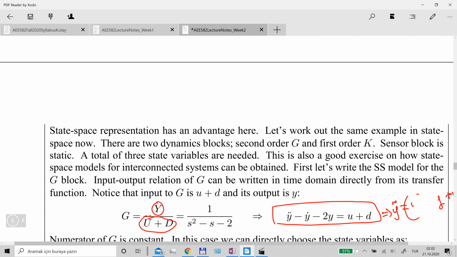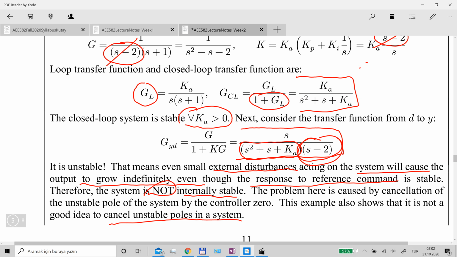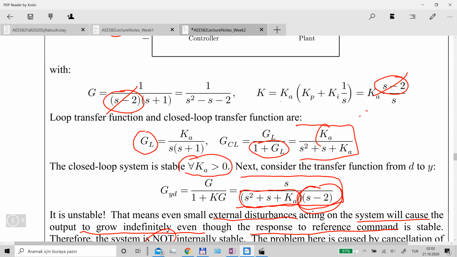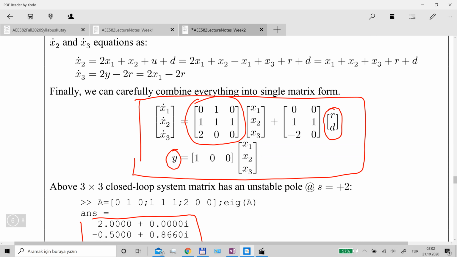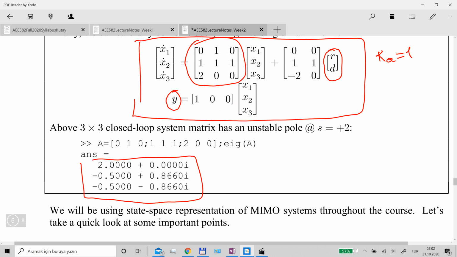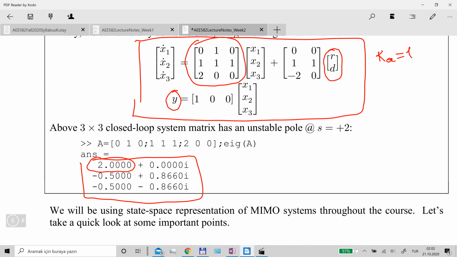Because in the transfer function, the controller had this gain Ka, and when I obtain this numerical matrix here, let me just add that here. The Ka is taken to be 1. Okay, and you see that unstable pole here, which we didn't see in the transfer function because it was cancelled by the pole of the controller. However, in the state space model, that unstable eigenvalue is still there.